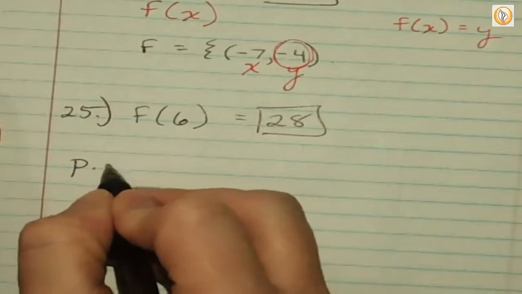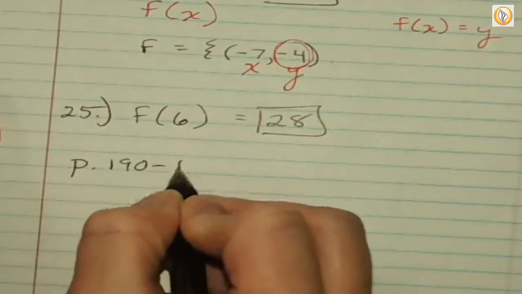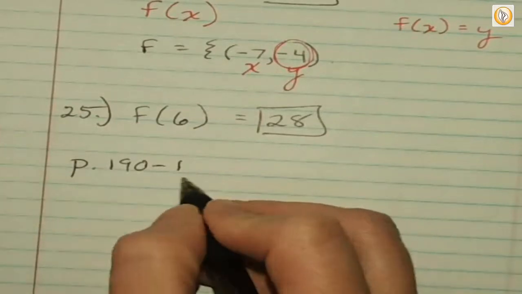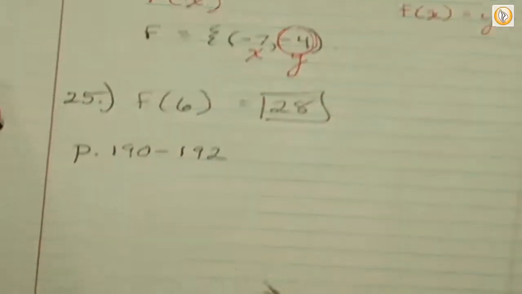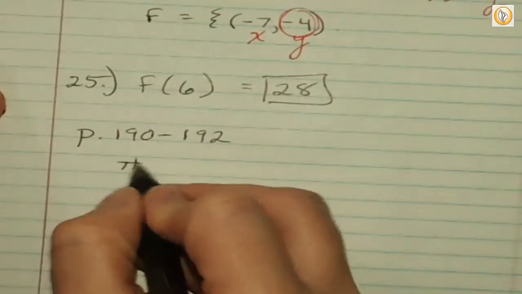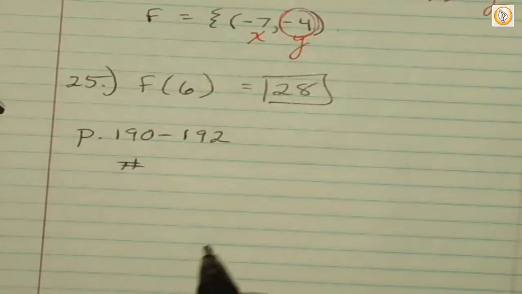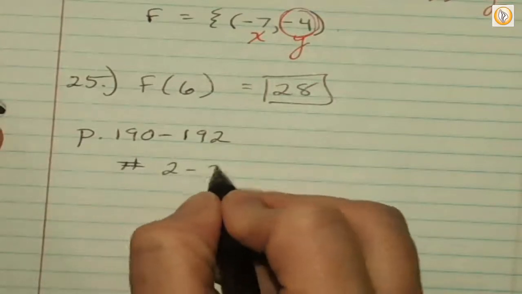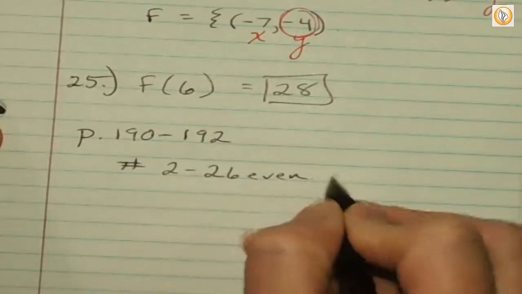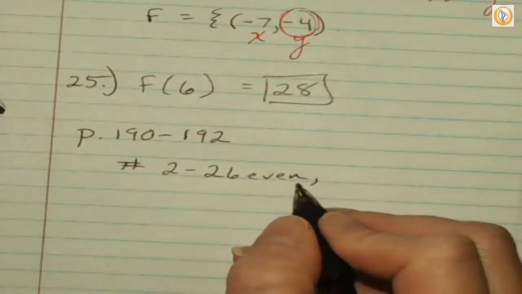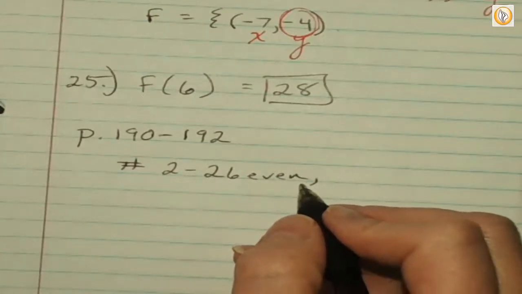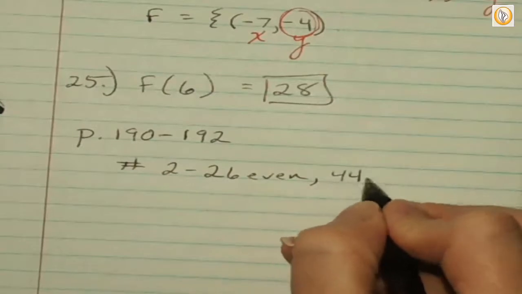All right, I'm setting you free. Page 190 to 192. Y'all bug me today. All right, so y'all are doing 2 through 26 even. And then, oh yeah, that looks good. 44.